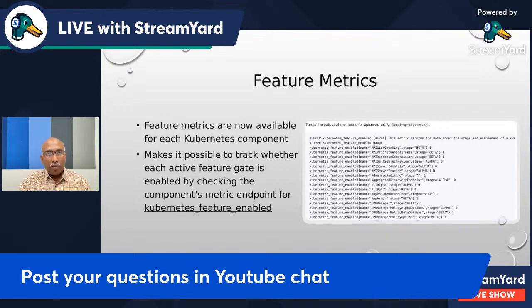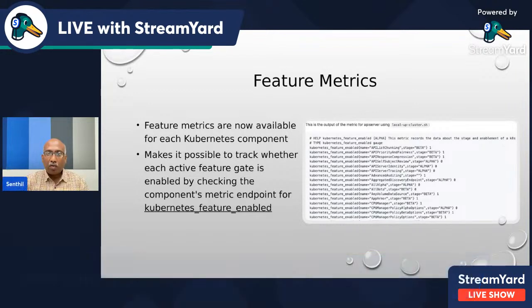Again, in order to understand what feature metrics are all about, whenever a new feature gets introduced into Kubernetes, it is basically introduced as an alpha feature, right? And Kubernetes gives you the facility of selectively switching on or off a particular feature.